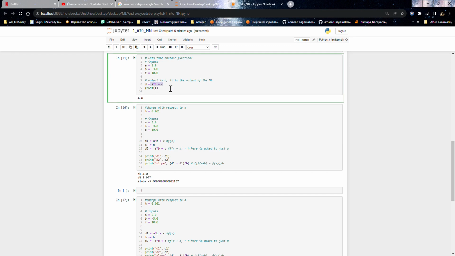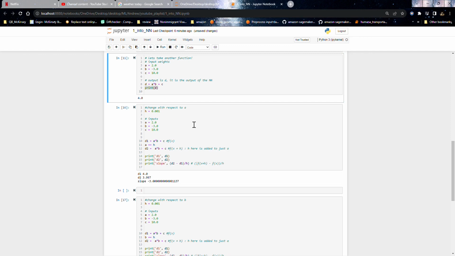Let's suppose A, B, C to be random weights in a neural network, and we are going to tune these weights so that the D that we predict is closer to the actual value. So we need to change A, B, and C, or weights. If we consider A, B, and C to be input weights as a very low level example, then we need to see how much D is changing.